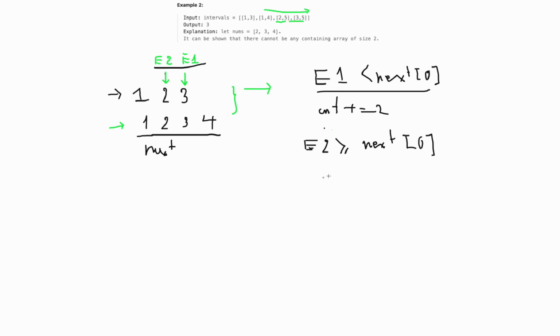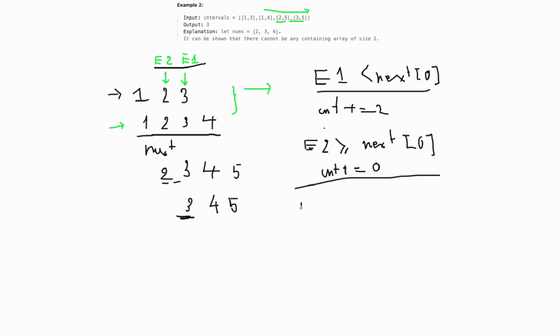So we don't need to do anything. We increment the count by 0. So if the e2 is greater or equal than the next 0, we can use both of these numbers.